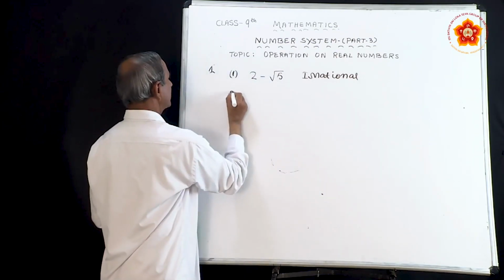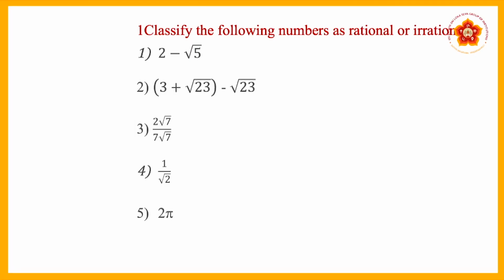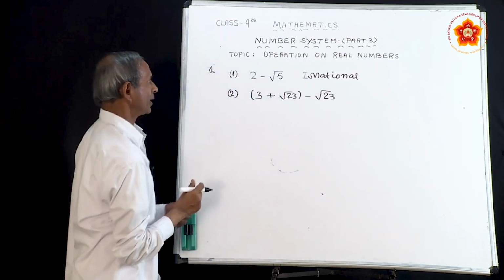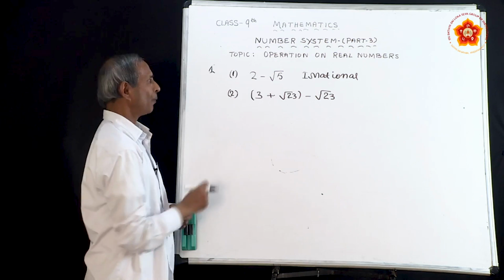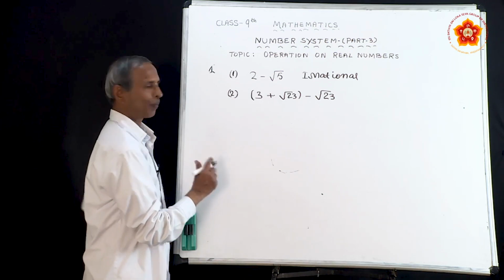Now let us go to the second problem. The second problem is (3 plus square root of 23) minus square root of 23. Before deciding whether it is rational or irrational, we have to simplify this problem.